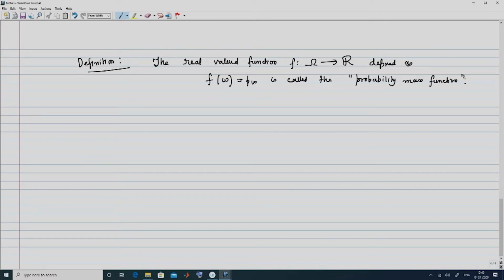Okay, so continuing with our definition, let us move on to the notion of independence of events.